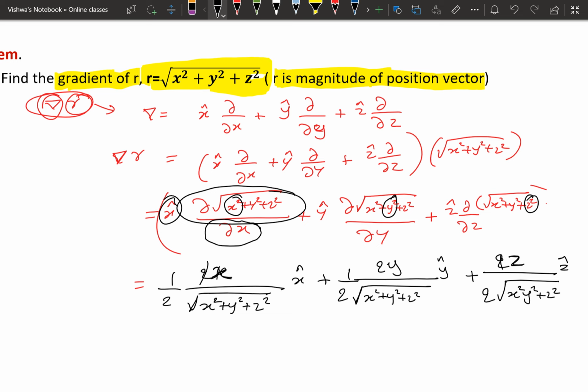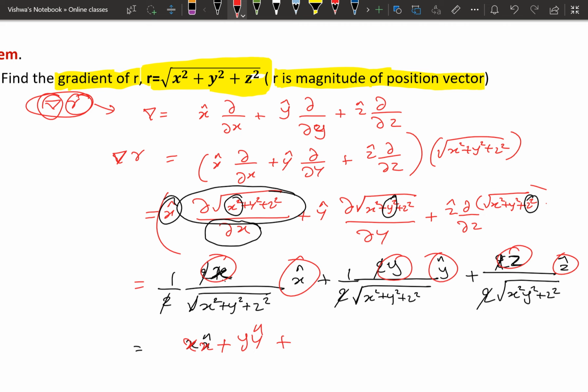Now this 2 gets cancelled, this 2 gets cancelled, and this 2 gets cancelled. From these three terms, what is common? The square root of x square plus y square plus z square is common, so it becomes x cap x plus y cap y plus z cap z, divided by the square root of x square plus y square plus z square. What is x cap x plus y cap y plus z cap z?